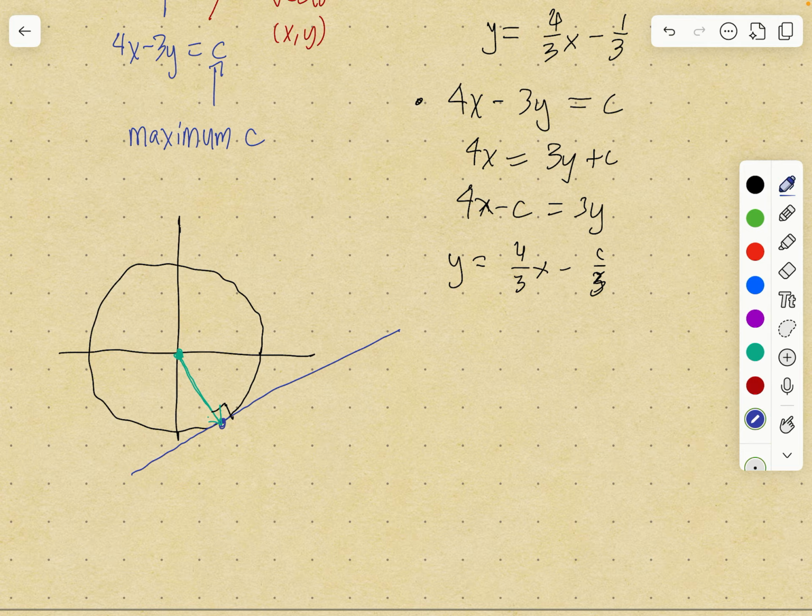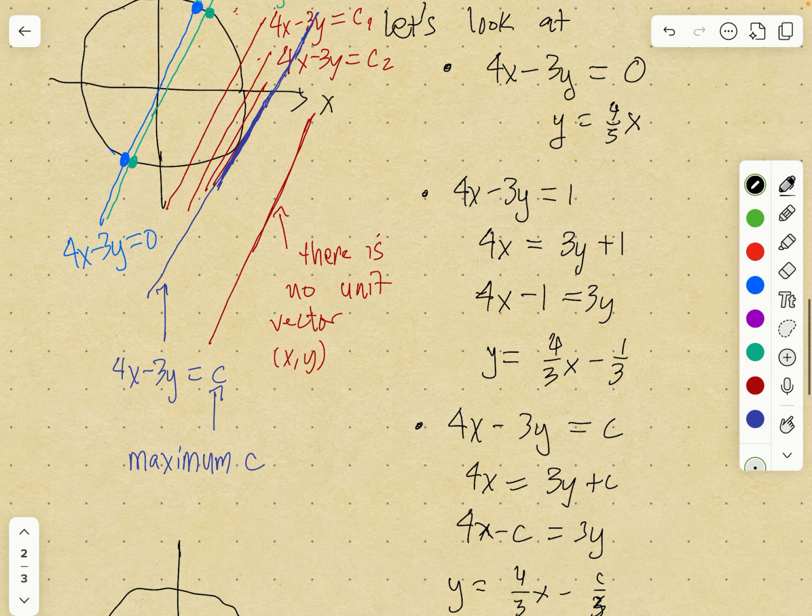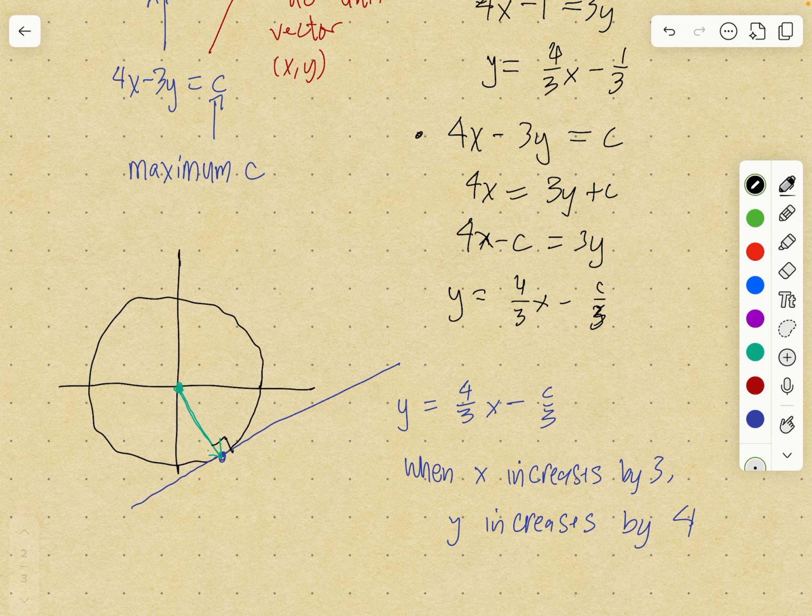Well, this line is y equals, let's see, it's y equals 4/3 x minus c over 3, right? So when x increases by 3, y increases by 4. So this is not the best picture because I was just drawing a general picture. It should be more like this. So you're going to have to pretend that this line is steeper than it actually is.